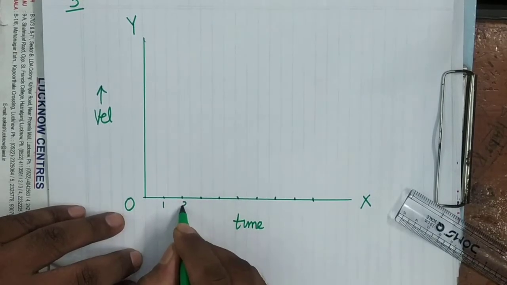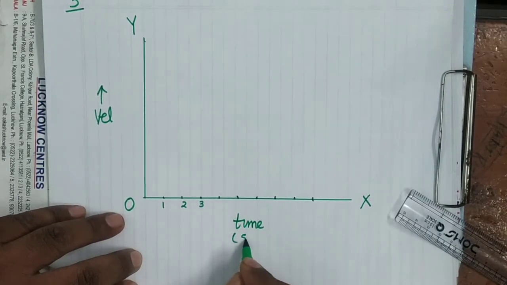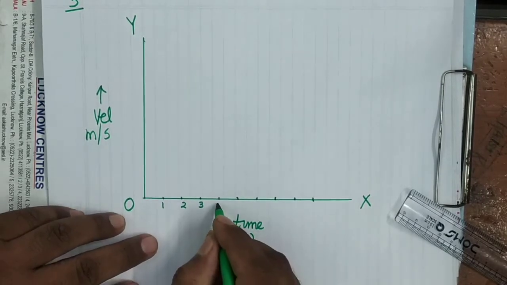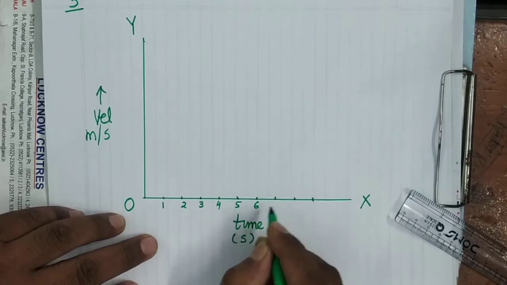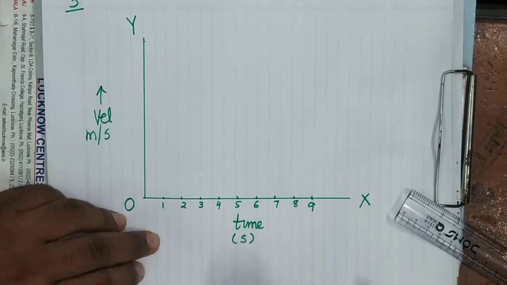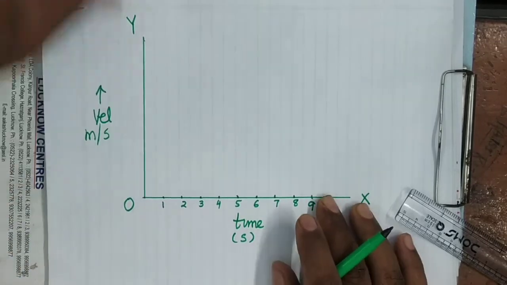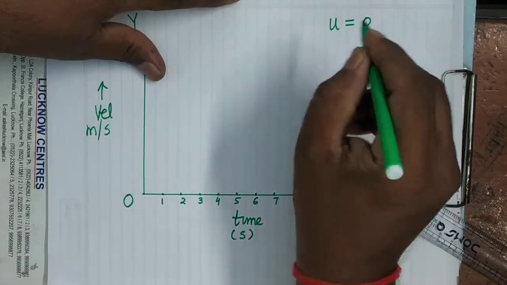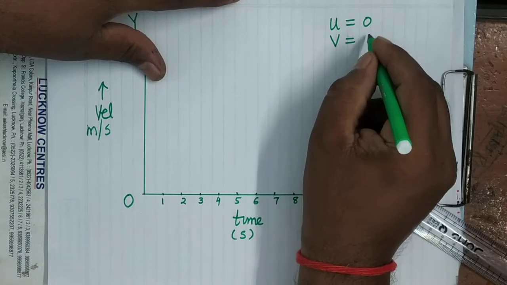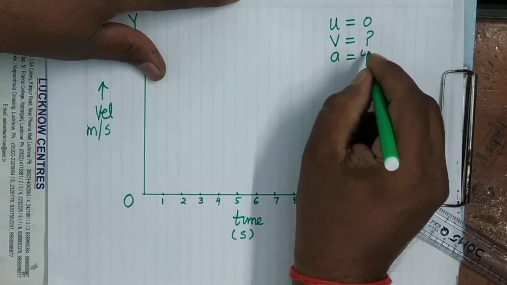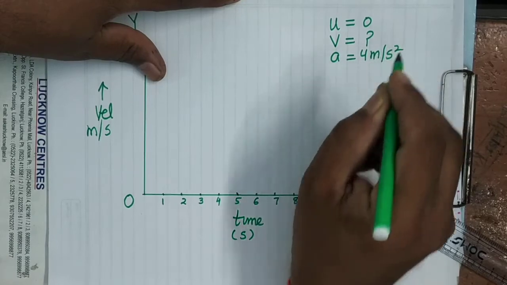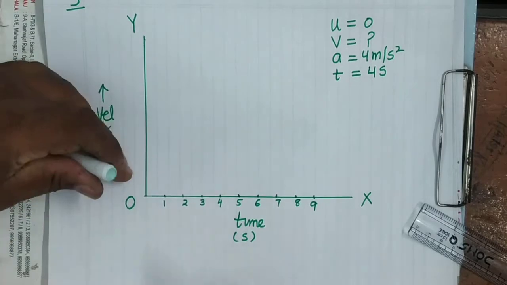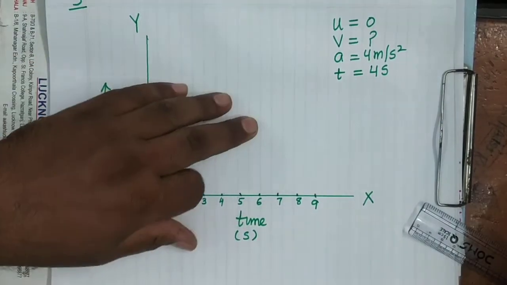This is 1, 2, 3, here time in seconds, velocity in meter per second. Now see here in the question it is given that accelerating from rest, that is u equals 0. What is v here? Not known. a is given as 4 meter per second square, and this acts for 4 seconds.